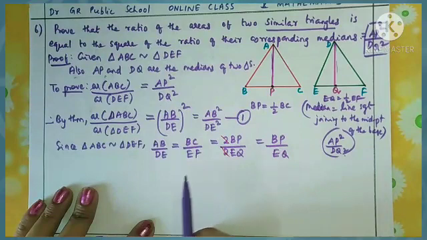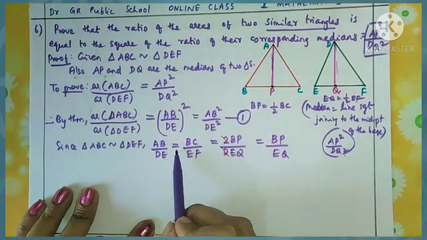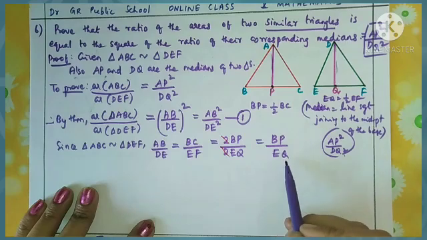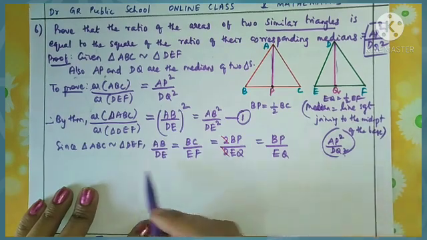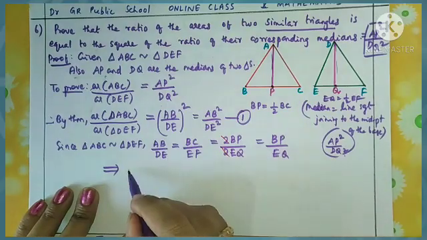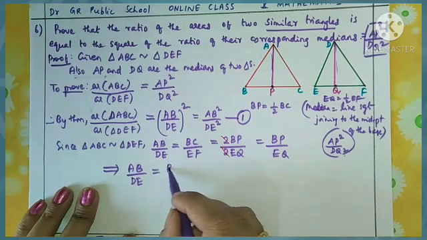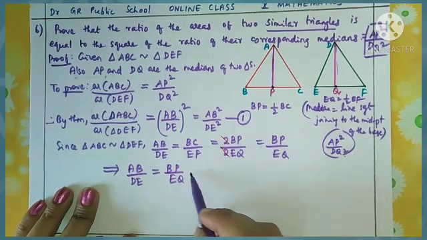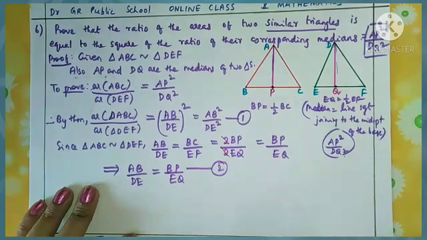So AB by DE equals BC by EF, which equals BP by EQ. Taking the first and last ratio, AB by DE is equal to BP by EQ. Take this as result number 2.